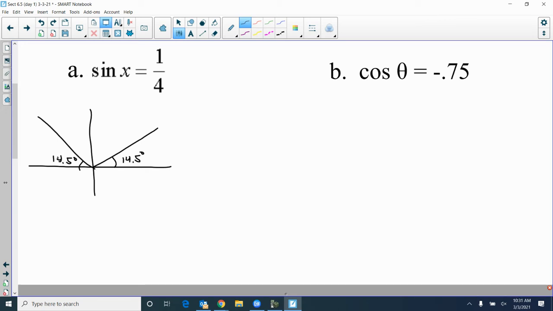That's very poorly drawn. Let's see if I can do this. Second angle has to have that as a reference angle. Now that's not the answer, so you guys take full rows. How do I find my second angle?